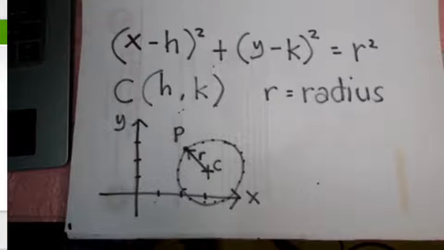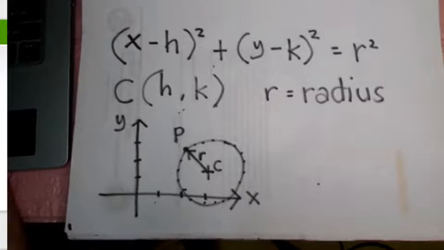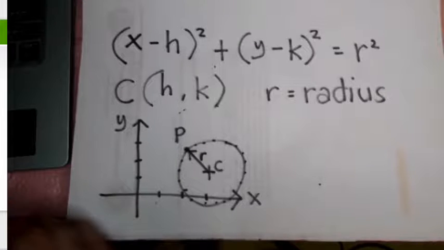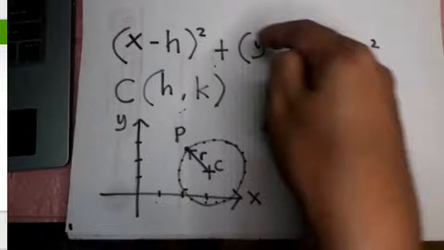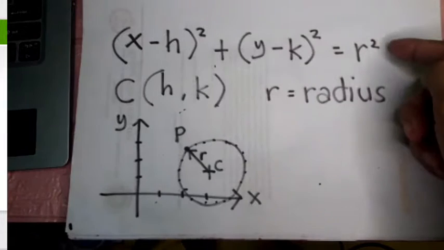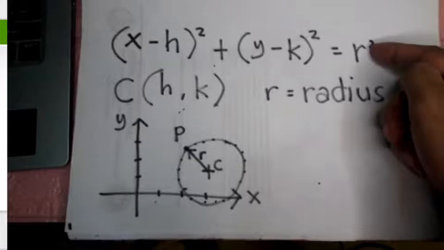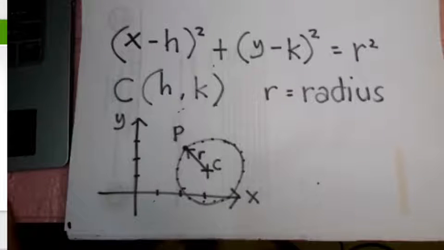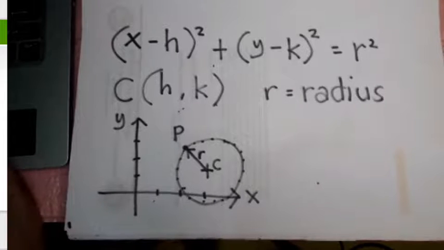This is the standard form wherein we use the center coordinates. What is the center coordinate? H and K. So we have H and K and R. Those are the only things that we need to know about, and we are ready to solve this problem by just knowing that.